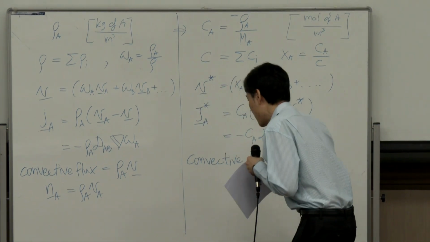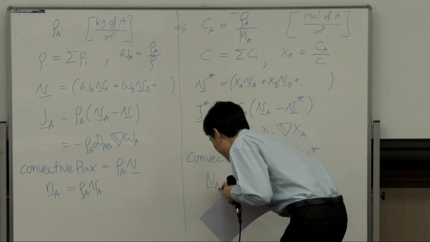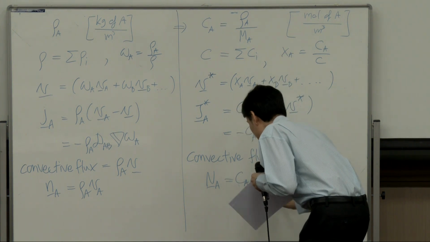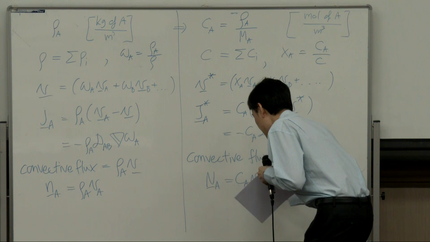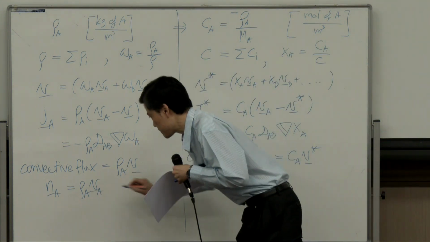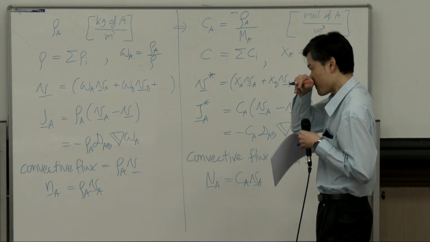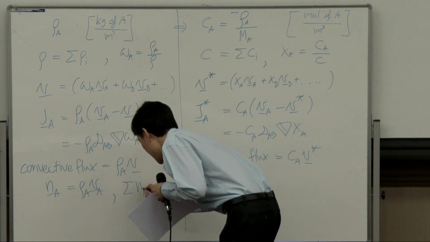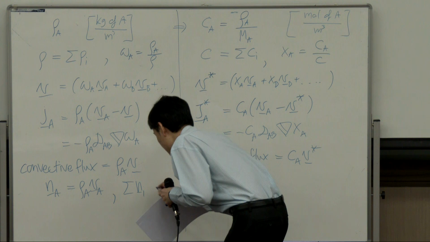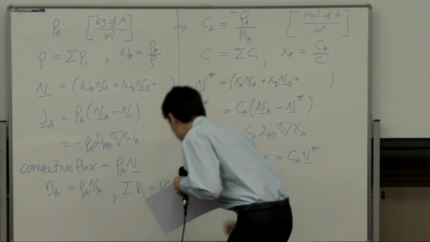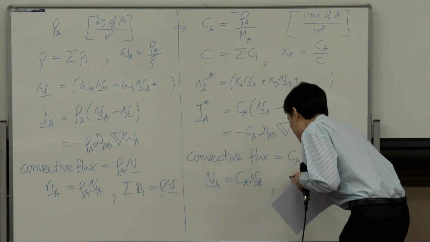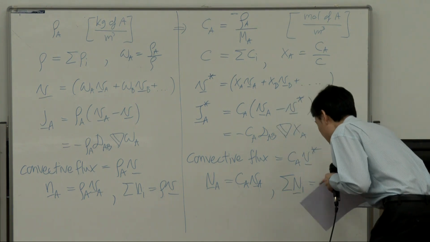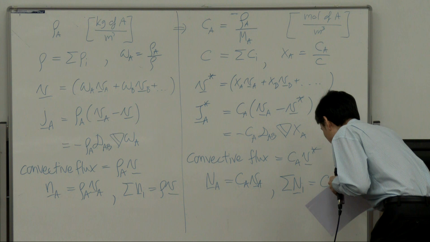Combined flux in molar basis would be capital NA equal to CA VA as well, vector. If you sum it up, the summation of NI is equal to rho V. If you sum on this side, the summation of molar flux would equal C V star.